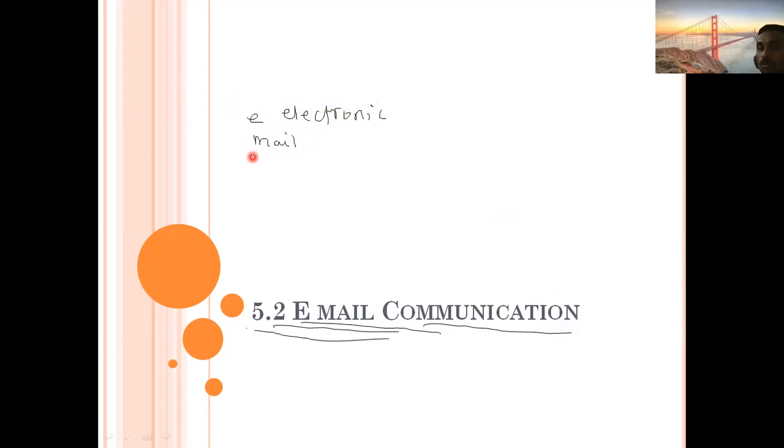If you have seen, or maybe in our olden times, we used to write letters and post them in the post office, and it used to take time, maybe minimum 2 days, maximum maybe 7 days, 15 days also, to deliver these letters. So there was a lot of delay.